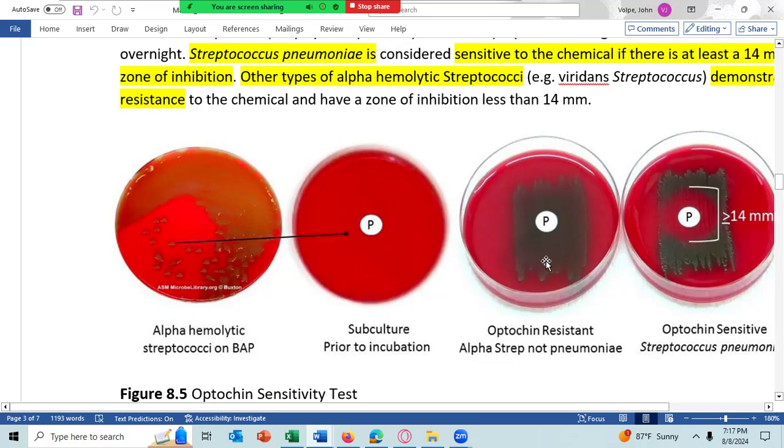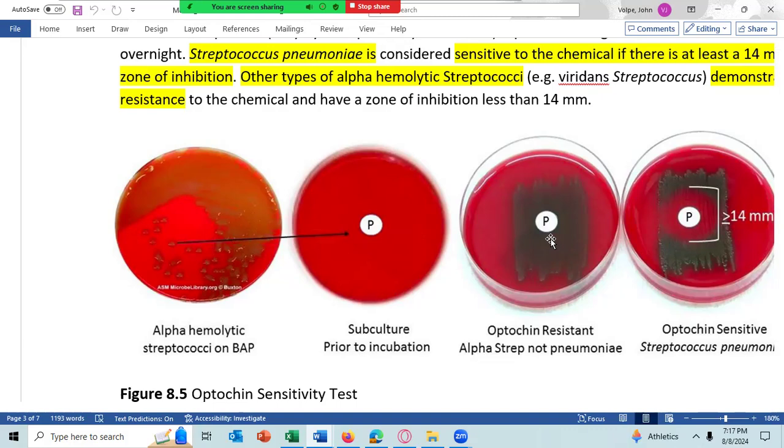This alpha streptococcus has no zone of inhibition or a zone of inhibition less than 14 millimeters. So that we call optochin resistant.